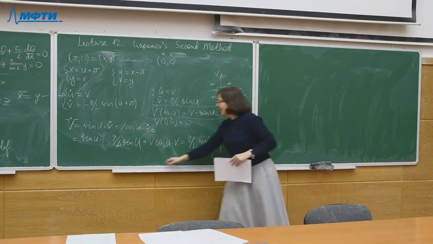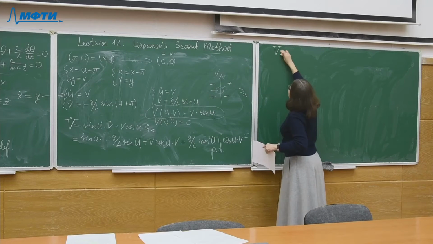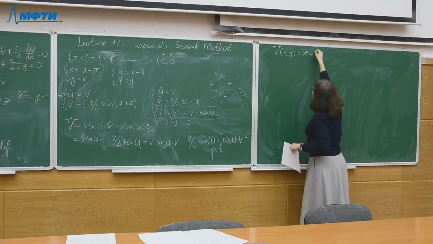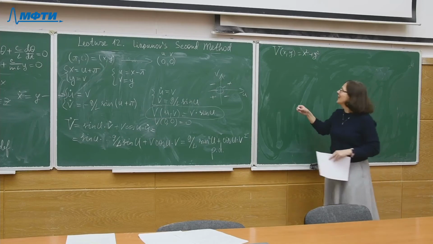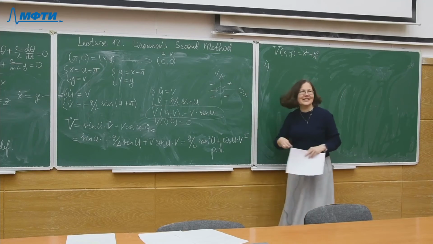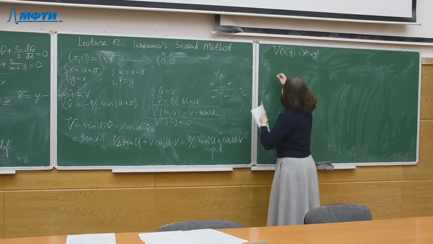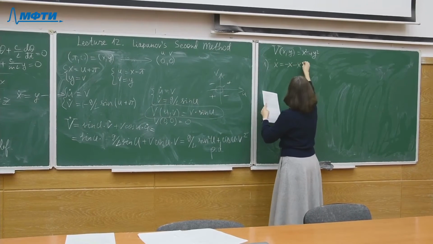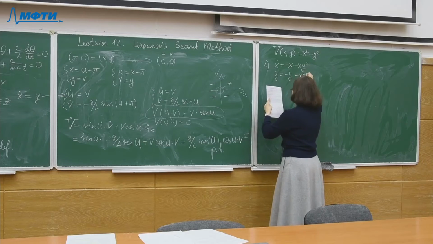So we will try the function V of x, y, equal to x squared plus y squared, to check stability and instability of the following system. The first system is: x dot is equal to minus x y squared, and y dot is equal to minus y minus x squared y.